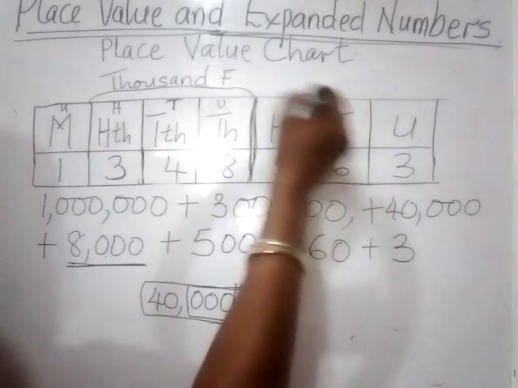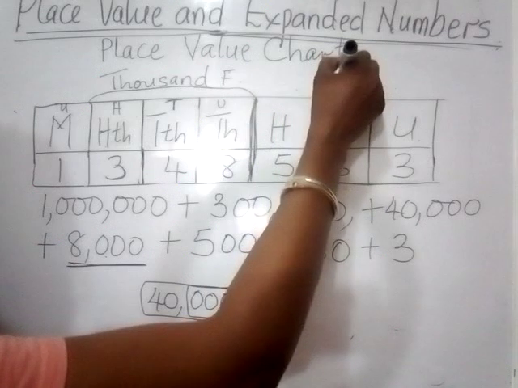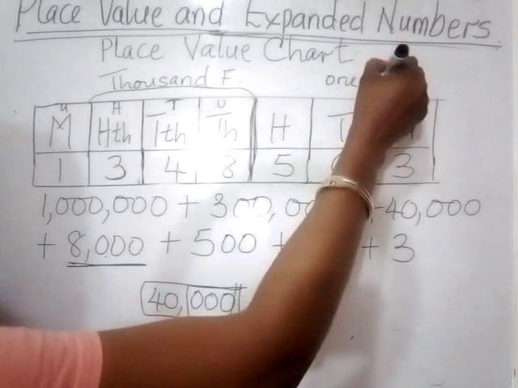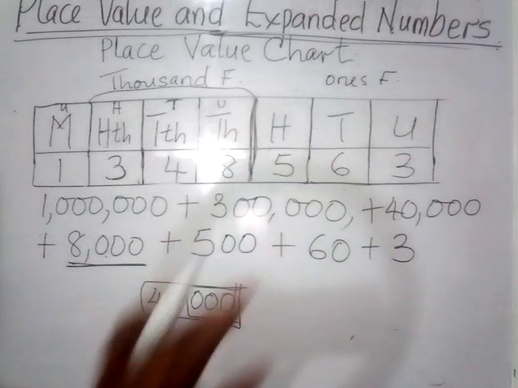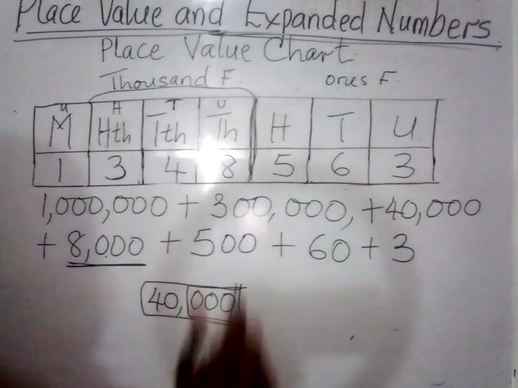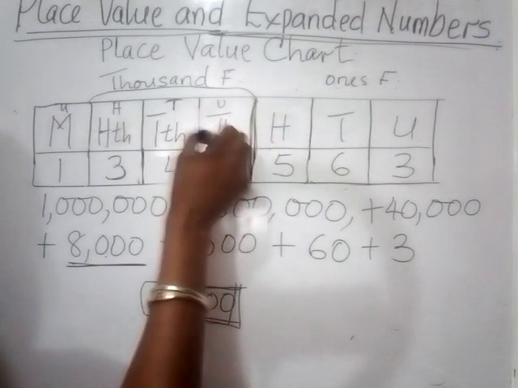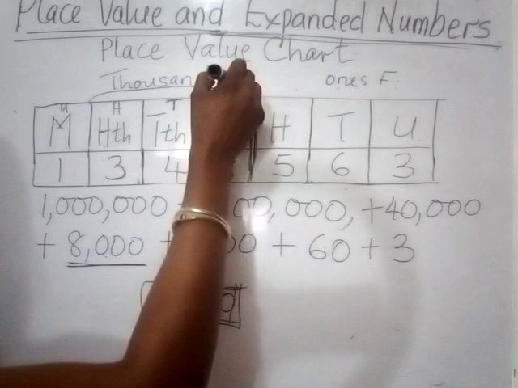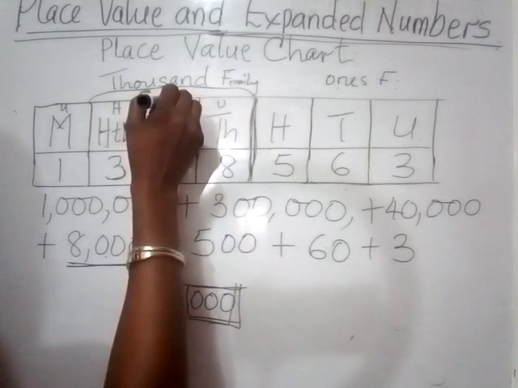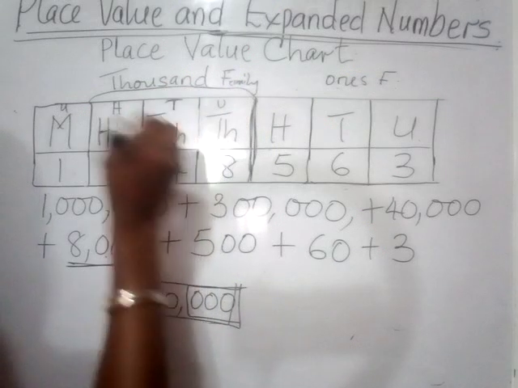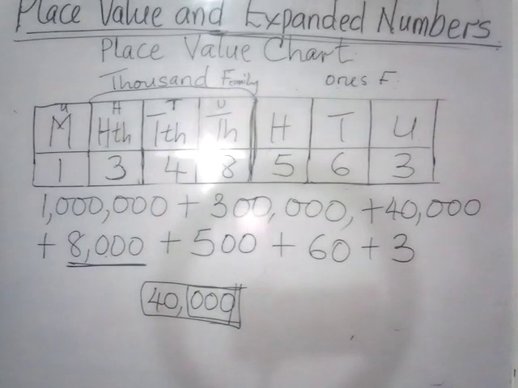Now, after unit, tens, 100, which we call the ones family, just know that it's one family because you call them singly, individually. But by the time you get into the family of 1,000, I call it the 1,000 family. Why? Because this unit is 1,000, the tens here is 1,000, and the hundreds here is 1,000.